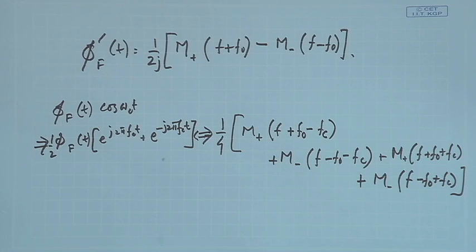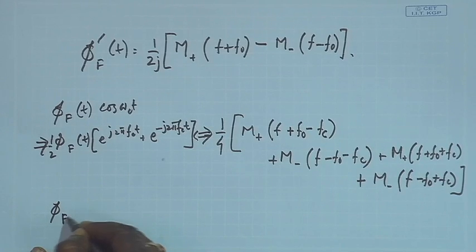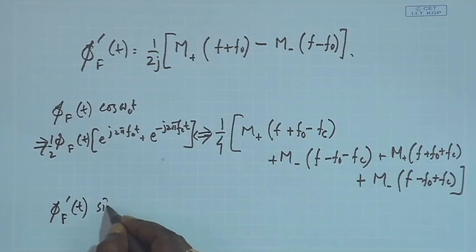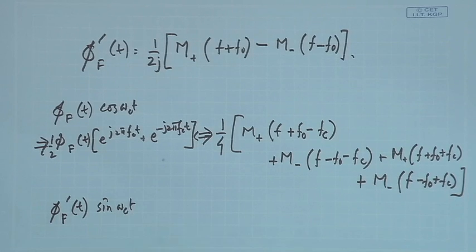In the second term, we have phi f dash t already, that needs to be multiplied by sin omega c t. Again do the same thing. Sin you can put as 1 by 2 j e to the power plus j 2 pi f c t minus e to the power minus j 2 pi f c t.